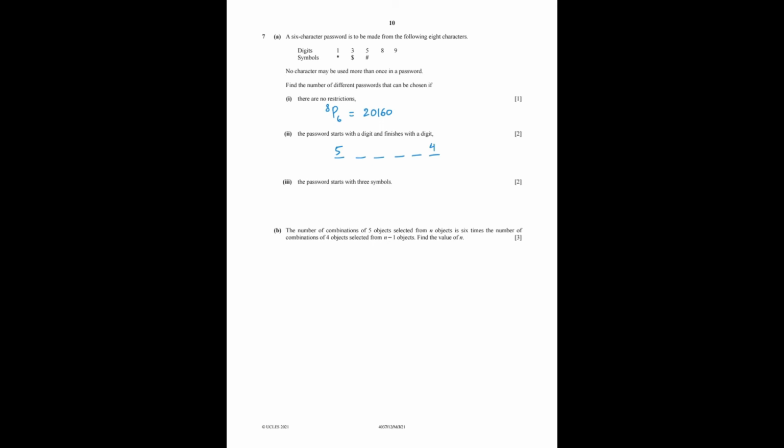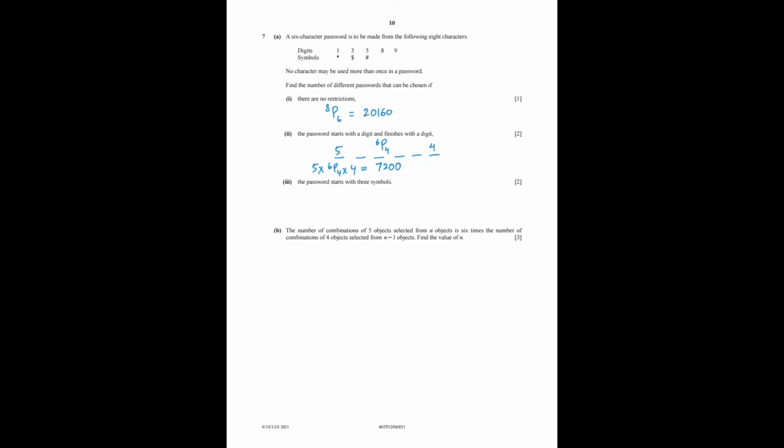The total we have is 8 characters, and among those 8, 2 are occupied, so 6 are left over, and among those 6 characters we need to select any 4. So the number of options will be 5 into 6P4 into 4, which gives you the value 7200. That is your second part answer.